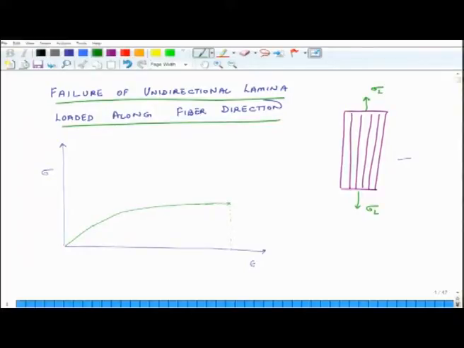So, this strain at which the matrix is failing, I can call it epsilon mu, ultimate strain in the matrix at which it fails, and the corresponding stress at which it fails, I can call it sigma mu. It is the ultimate strength at which this matrix is failing.